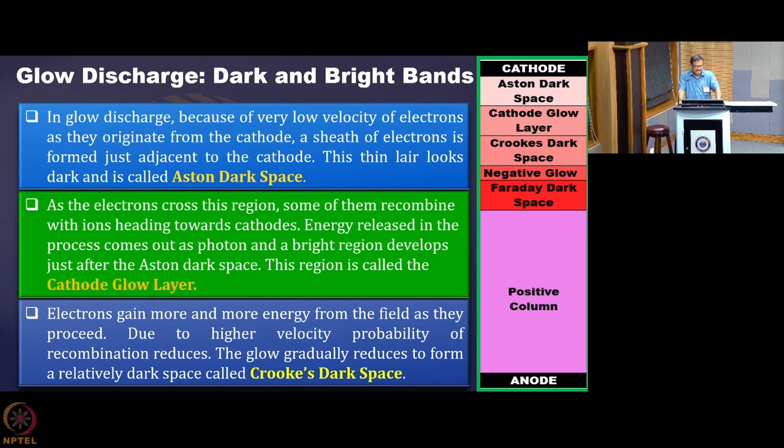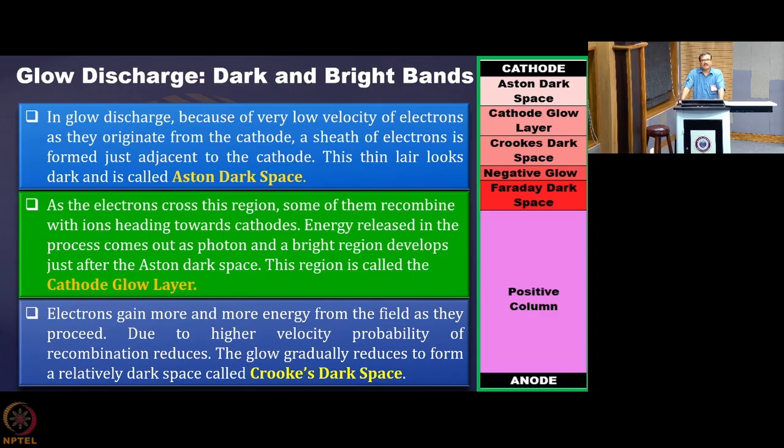After that, they get accelerated gradually in the field and move towards the anode, and on the way they meet some of the ions which were moving towards the cathode. When they combine, they release energy as light, and that part glows, and we call that the cathode glow layer.